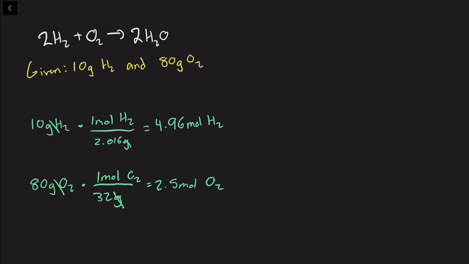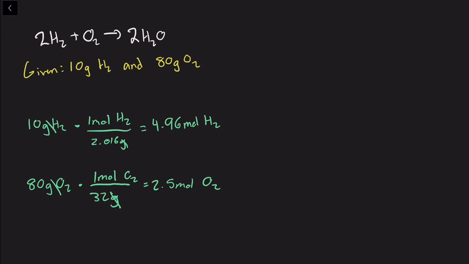Now that we have them both in moles, we can look at mole ratios to see which one will be the limiting reactant. If we pick one of our reactants, say the O2, we can do a mole to mole ratio according to our equation to see how much H2 we'll need to fully react with the 2.5 moles of O2. Well, we have a 2 H2 to 1 O2 ratio. So for every 2 moles of H2, we need 1 mole of O2 to fully react together.